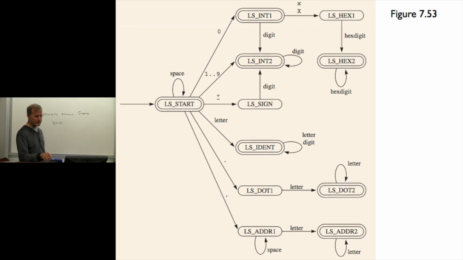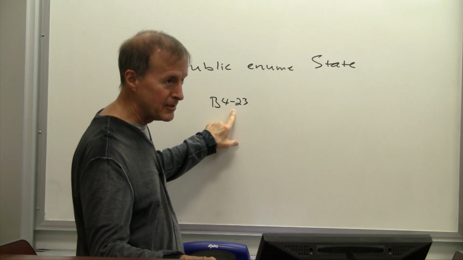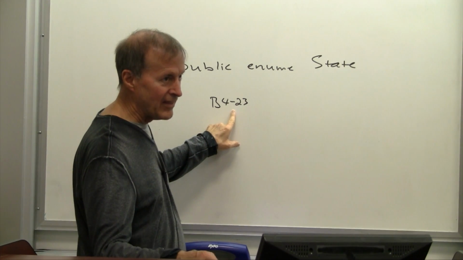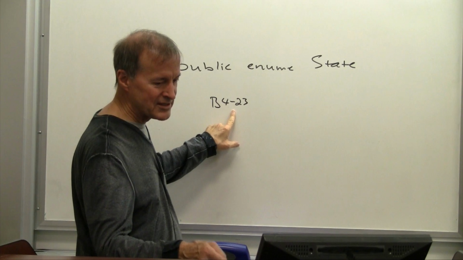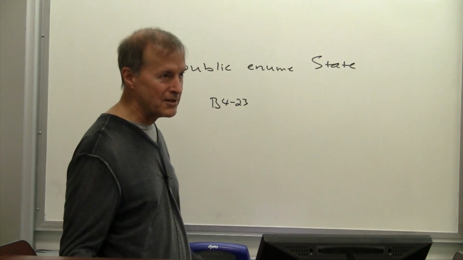Like here in figure 7.53, if you scan this B4, then what state will we be in once we scan the 4? LS ident, which is a final state. Then we'll scan the hyphen. And then the point is, you will detect the identifier. You'll back up the input so that the next time you'll get the hyphen in front of the 2, 3.